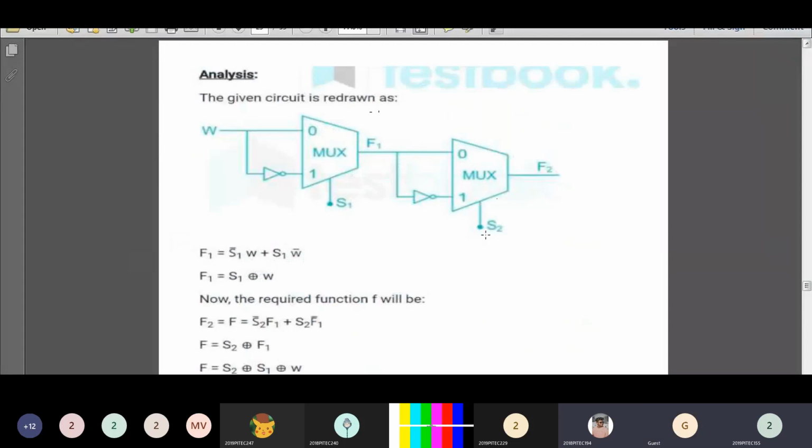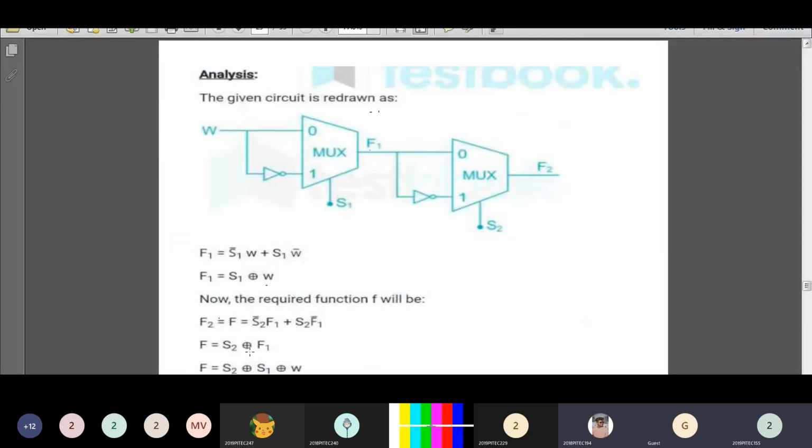Now you have to write the expression for F2. Here the selection input is S2, so it will be written as S2 dash F1 plus S2 F1 dash. This is nothing but S2 XOR F1, the logical expression for our XOR gate.